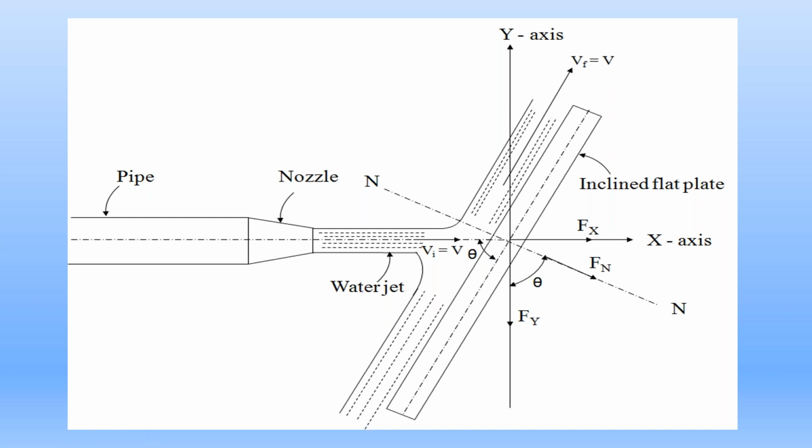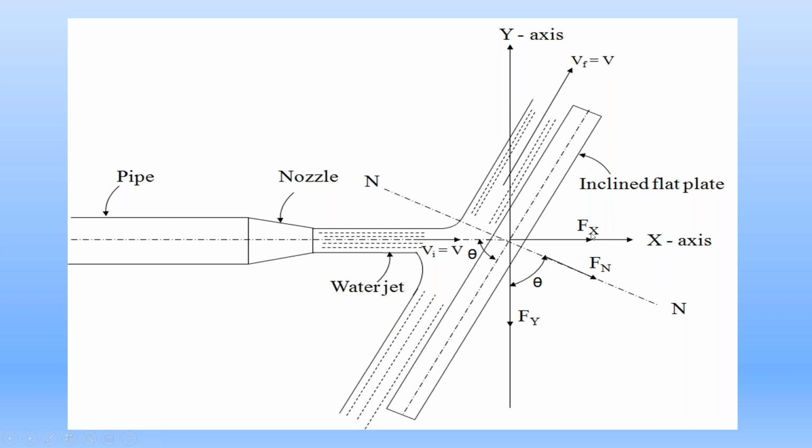So in this second condition, this water jet applies two forces on this inclined metal plate. One is the horizontal force Fx, the next one is the vertical force Fy. We are going to prepare the equations for the two forces Fx and Fy.